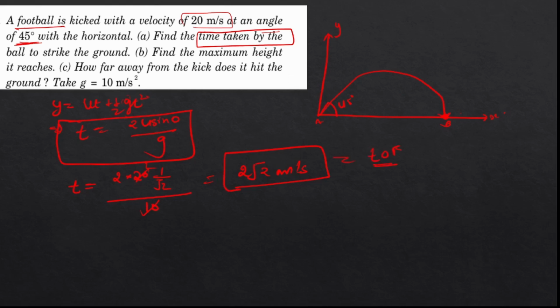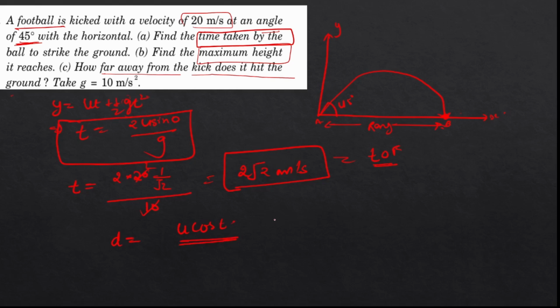Second, we have been asked the maximum height it would reach. And third, how far the kick hits the ground. Whenever we are asked how far, that means we need to find its range, and we know the formula for range. Say d is the range, which is u cos theta times t, right?